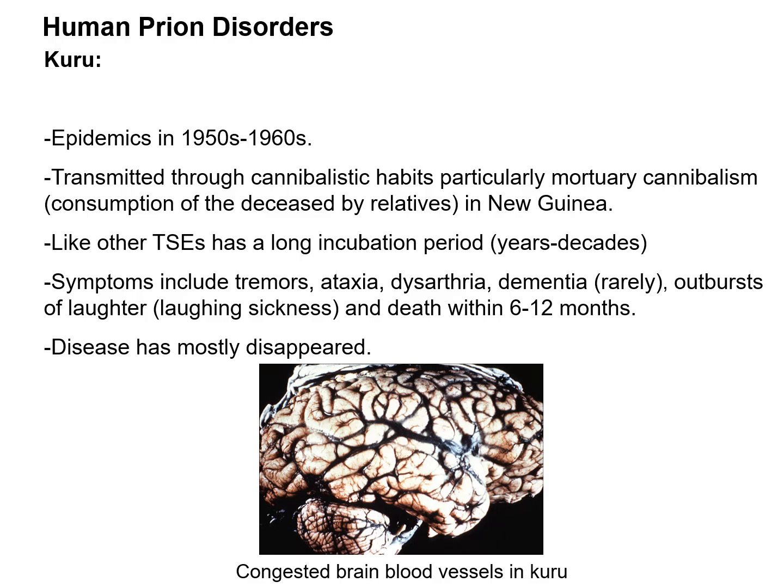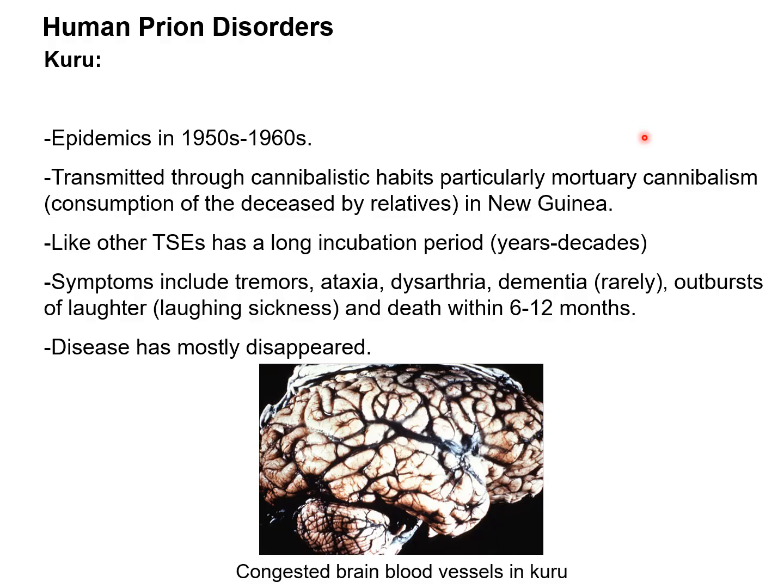The first TSE that we'll discuss, the first human TSE we'll discuss today, is Kuru. So Kuru has not been seen since the 1970s. I'll explain why in a bit. Epidemics were more common in the 50s and 60s, mostly in New Guinea. Peoples of that region practiced mortuary cannibalism, so they would eat their dead. And so that's how they got the disease, we believe, from consuming the brains of their dead.